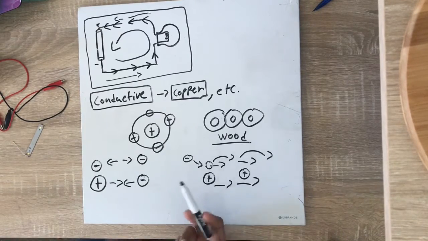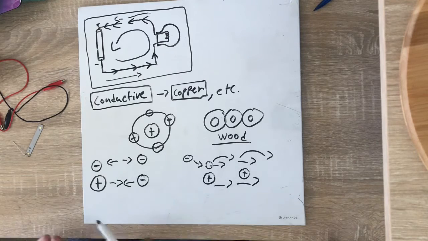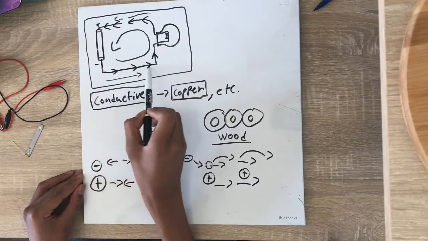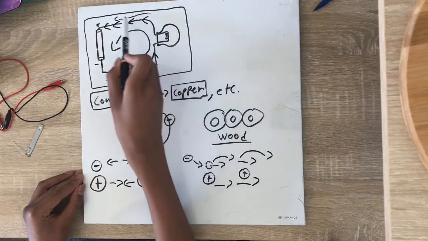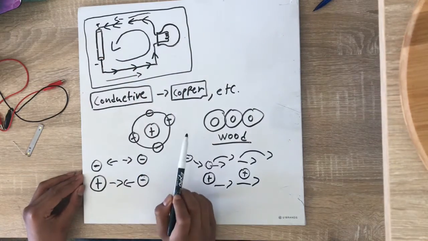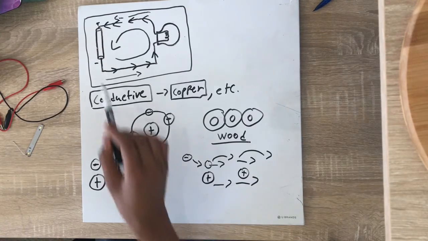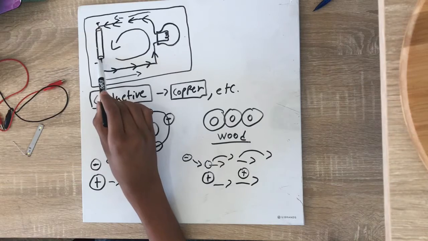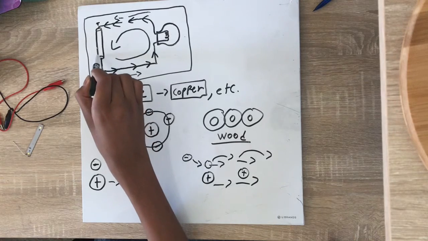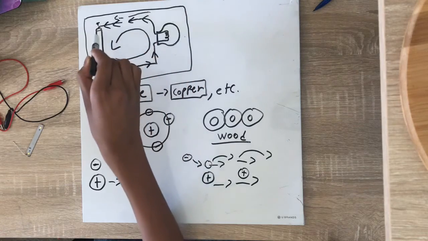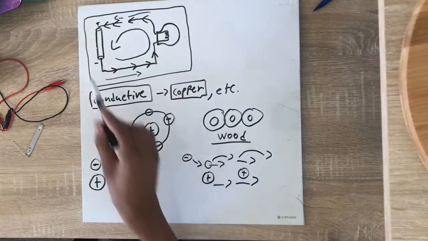So that is what basically happens in a circuit, where the electrons flow through and all the way back into the battery. Since the electron is negatively charged, the negative side of the battery always flows back to the positively charged side, just like this.